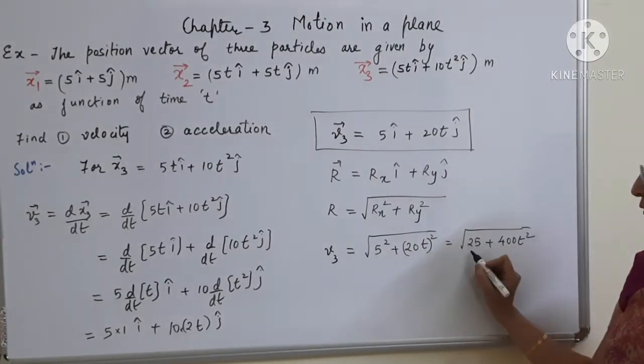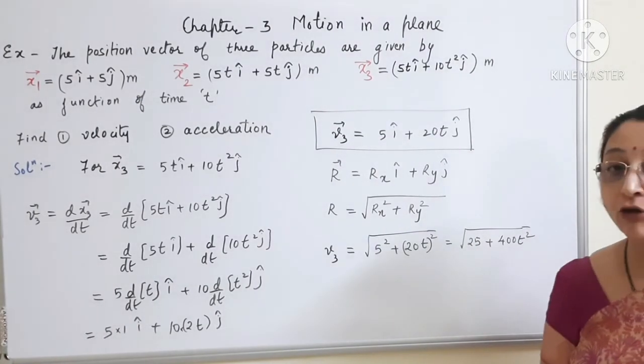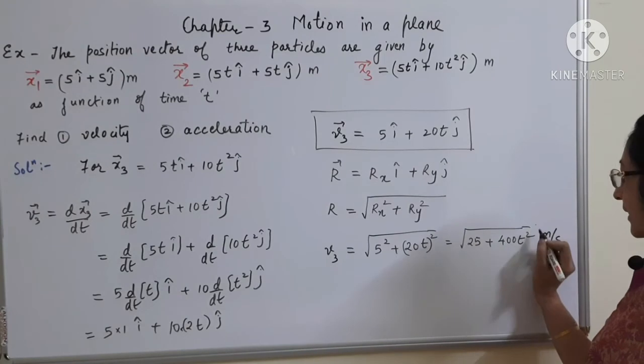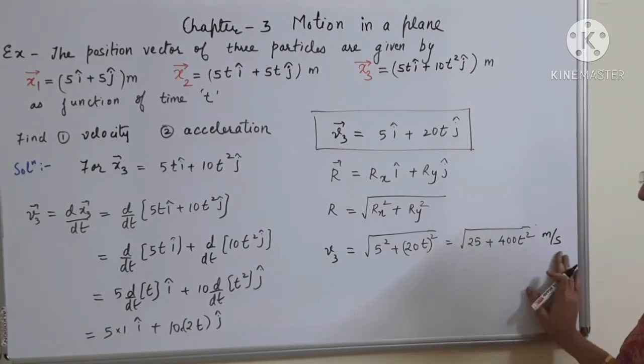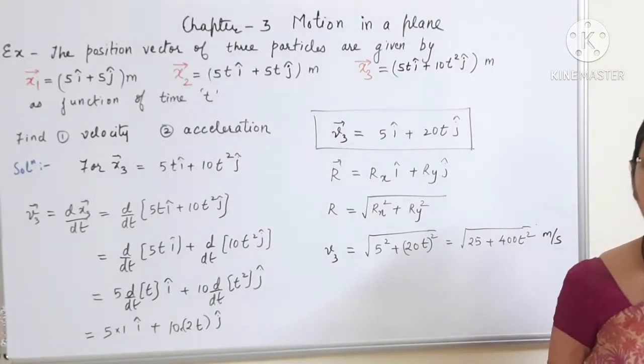V3 is under root of 25 plus 400 t square, and what is the unit of velocity? It is meter per second. So, meters per second is the unit.